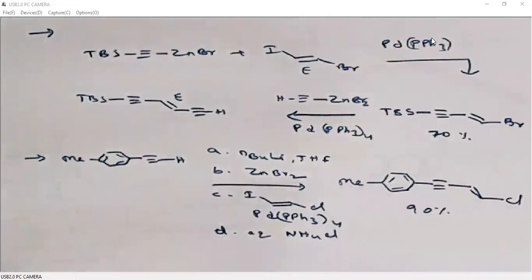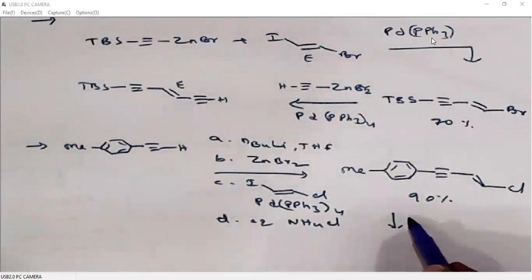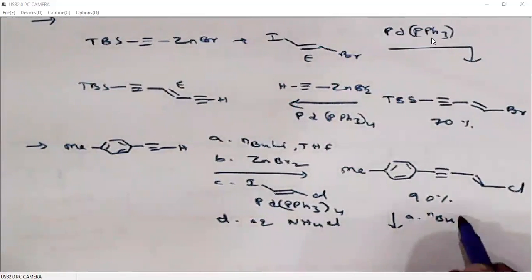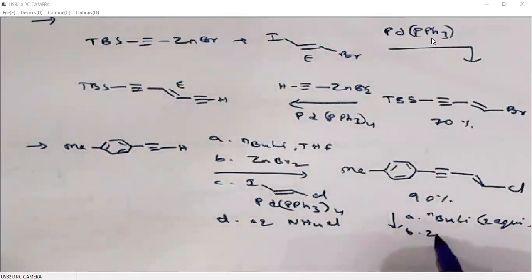Then it is treated with two equivalents of n-butyl lithium, then it is converted into organozinc, then it is coupled.